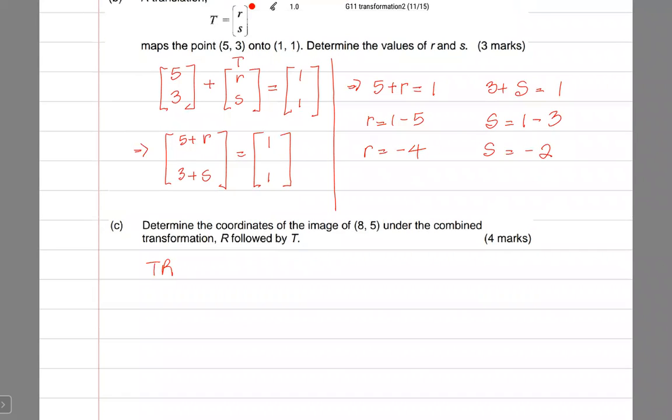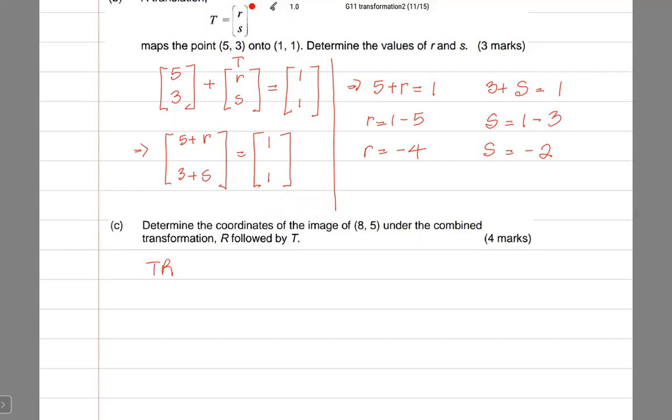To get a combined transformation, you multiply the matrices representing the two transformations together. But you always put the last one first and the first one last.